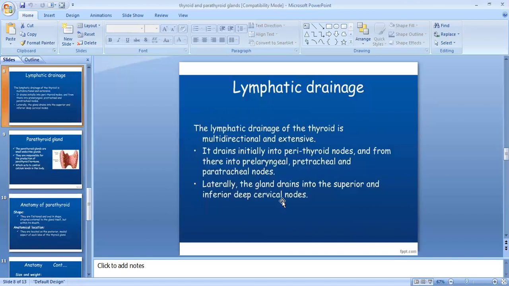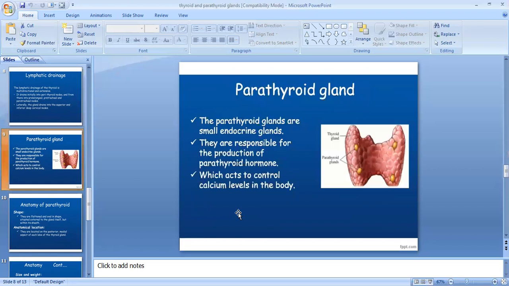Lymphatic drainage of the thyroid is multidirectional and extensive. It drains initially into perithyroid nodes, those nodes that are present around the thyroid. From here, the lymph flows into the prelaryngeal, pretracheal, and paratracheal nodes. Laterally, the gland drains into the superior and inferior deep cervical nodes.